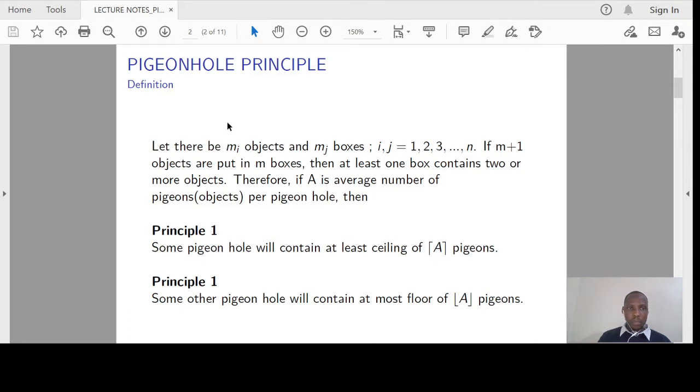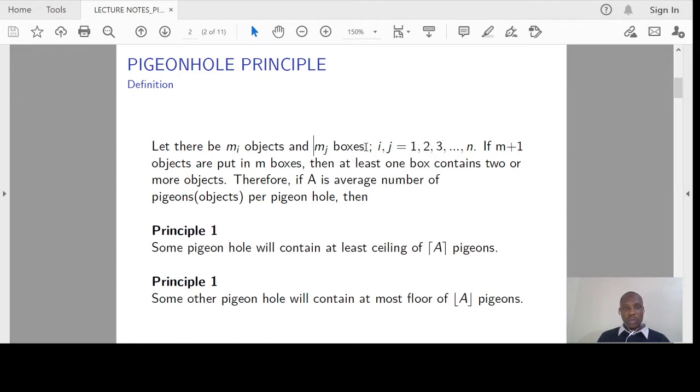In the pigeonhole principle, we are going to define two principles, principle 1 and principle 2. As you can see, there are some presentations here, whereby if we want to define this one, then we can say let there be m subscript i objects and m subscript j boxes.